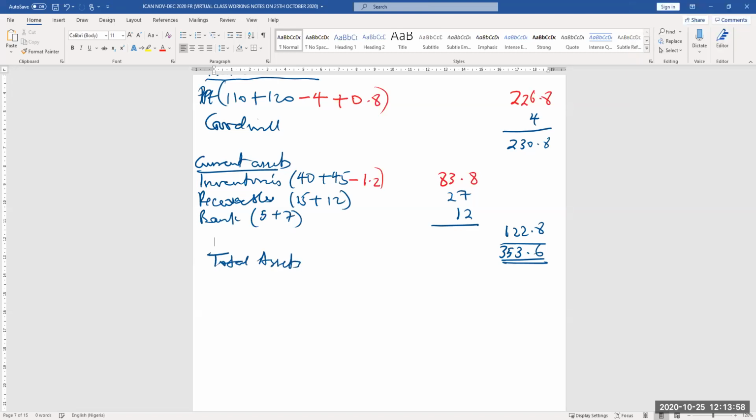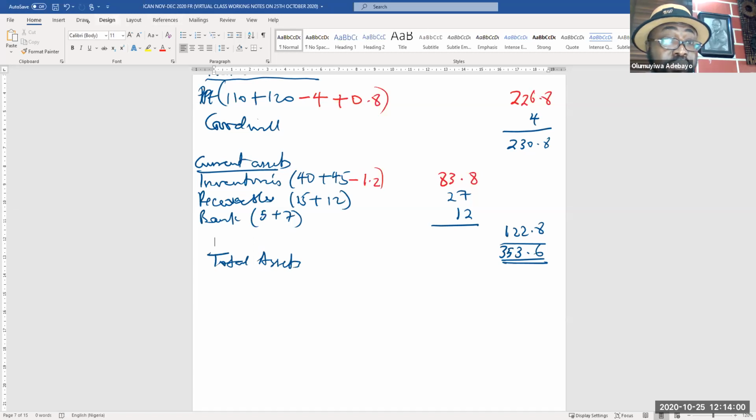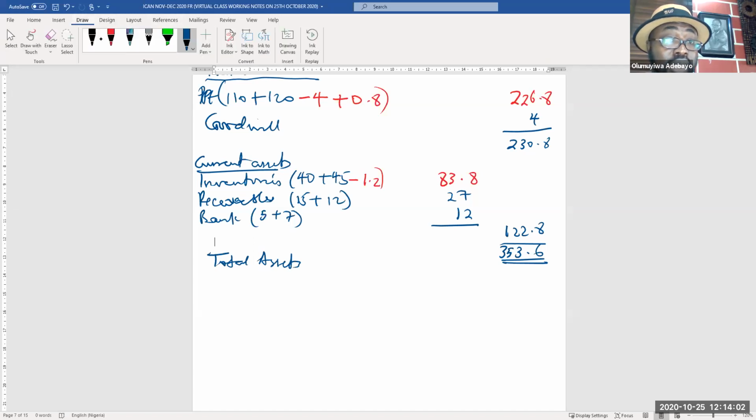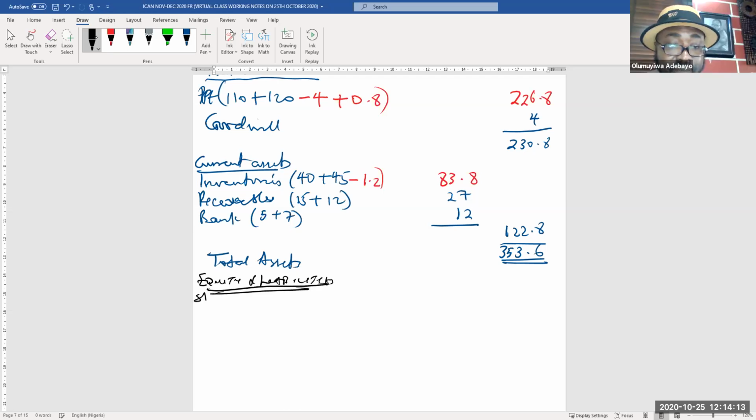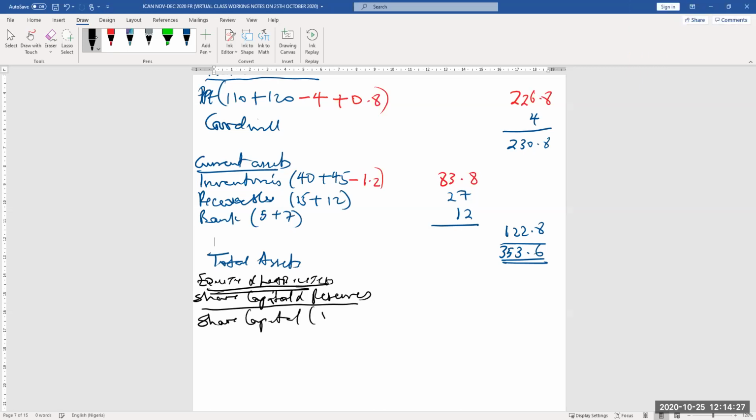Now, this total asset is financed by equity and what? Liabilities. And my equity can be divided into share capital and reserves. What is my share capital? 80.